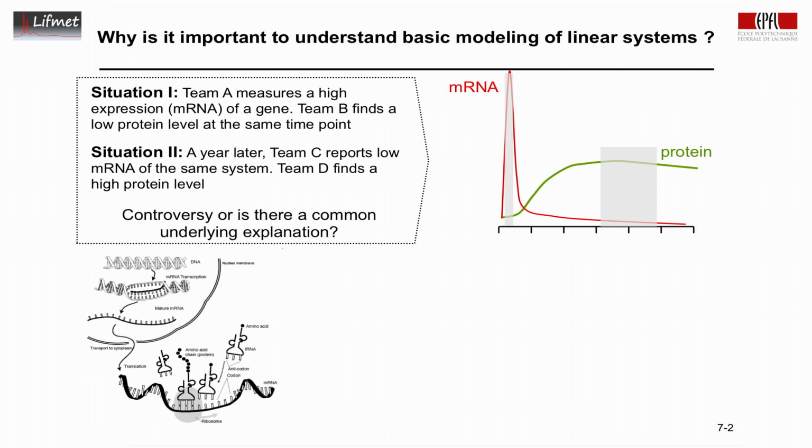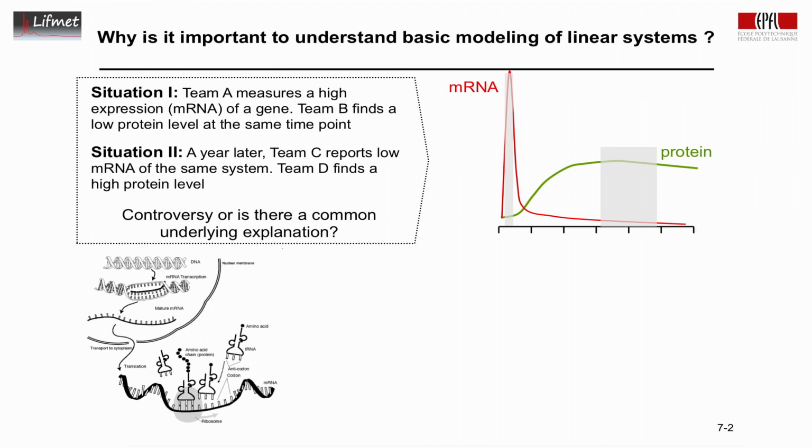And what we're looking at here is essentially a biochemical reaction. We have the precursor, that's the mRNA, and we have the product, which is the protein. Clearly, we cannot have protein being expressed before we have the gene being expressed. The protein is not synthesized before we have the signal in the cell that this protein should be expressed.